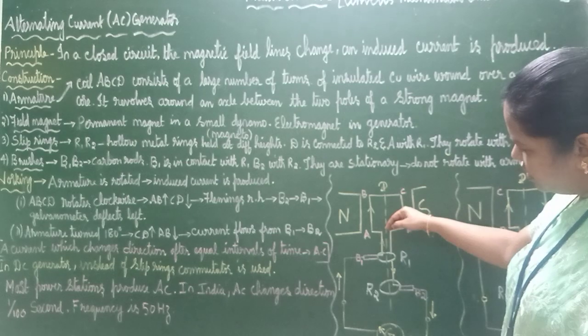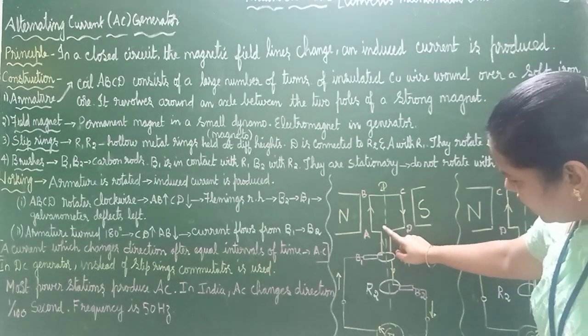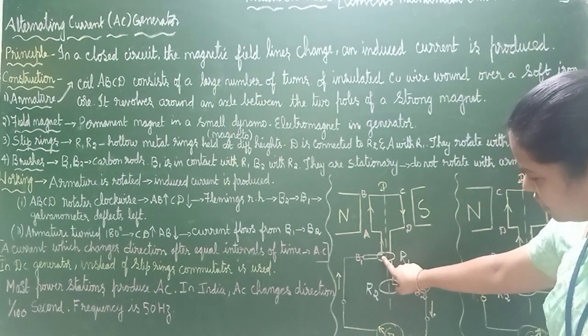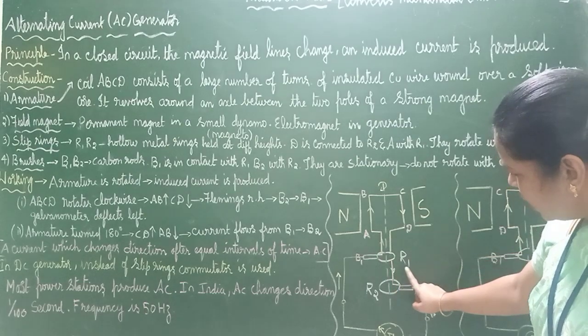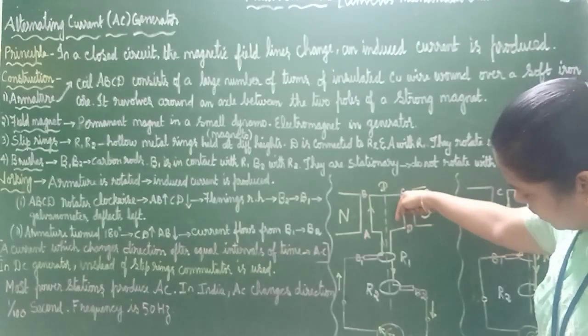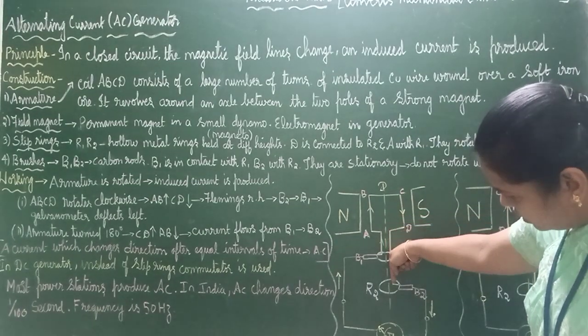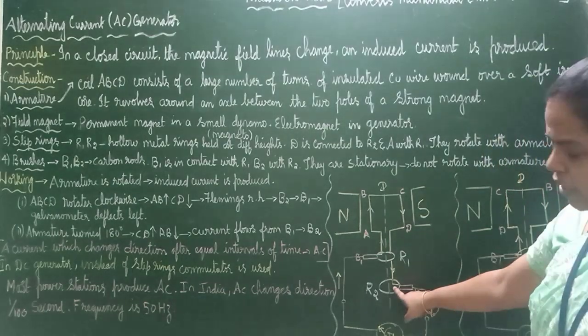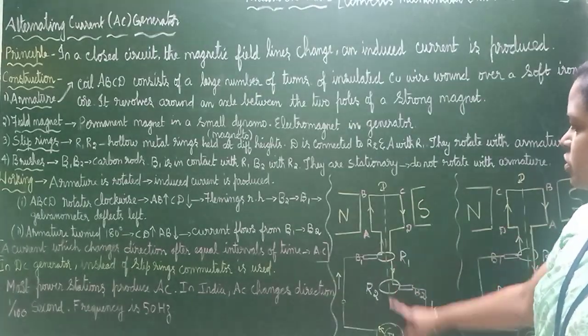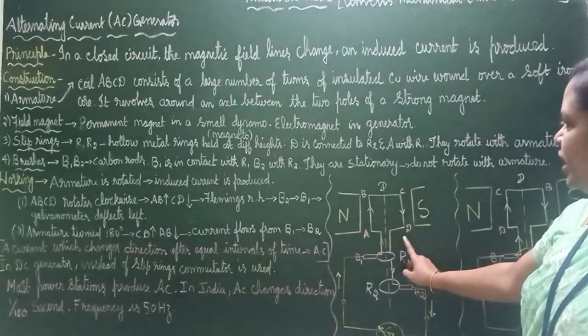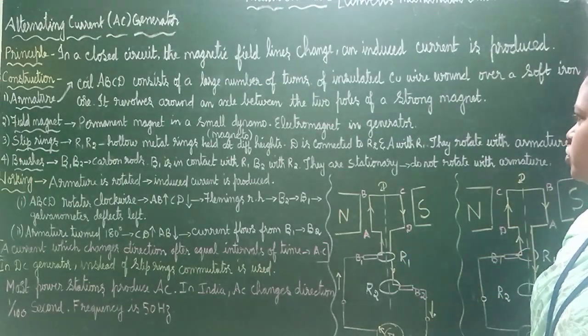A is connected to this ring, and D will come inside this ring and join here, so this is R2. So A is connected to R1 and D is connected to R2.